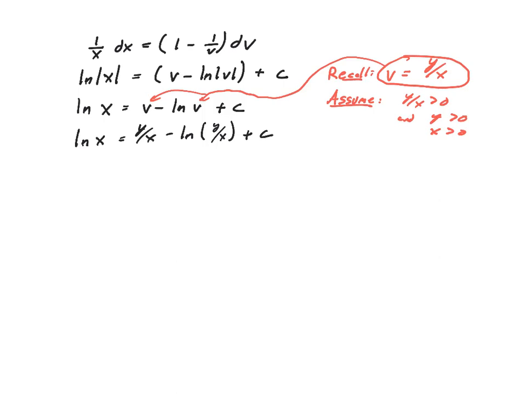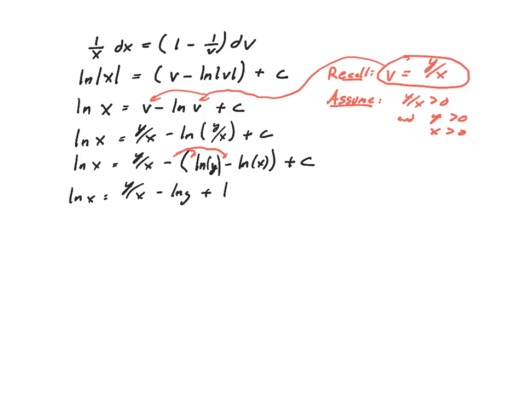Now we can clean this up a little bit. I can write this as the natural log of x is equal to y over x minus, and I can split up the natural log, the natural log of y minus the natural log of x, plus c. Again, I just like my free parentheses. Once I distribute the minus sign, you're going to get the natural log of x is equal to y over x minus the natural log of y plus the natural log of x plus c.